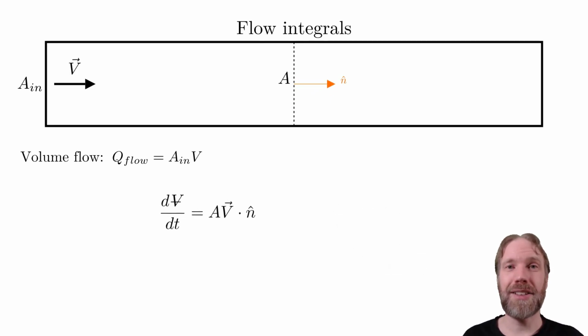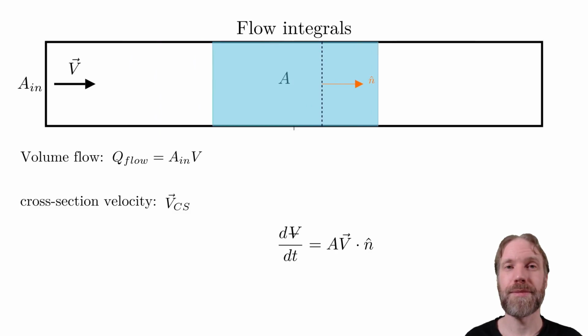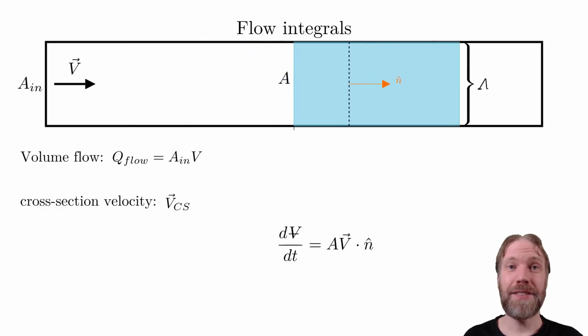Our next case to consider is if we have a moving cross-section, called the velocity v CS. Let's run the same animation again, but with a moving cross-section. The area is still A and the full length is still v times delta t. The length that the cross-section has moved is v CS times delta t.